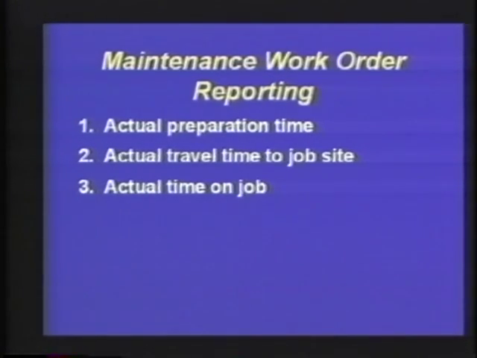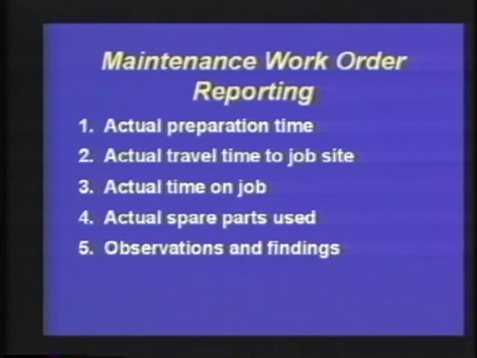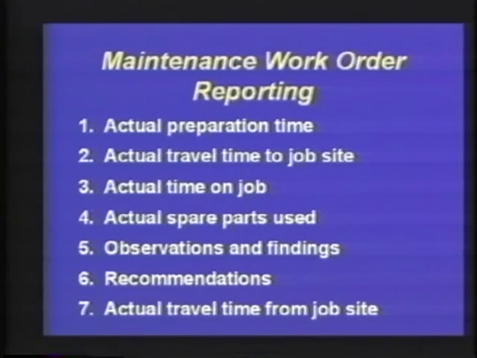Do I want actual time on a job? My answer is yes. What about the spare parts usage? Yes. Observations and findings, you doggone right. And what about 6? Yes. Travel time from the job, that all depends on how much travel time is associated with the order.